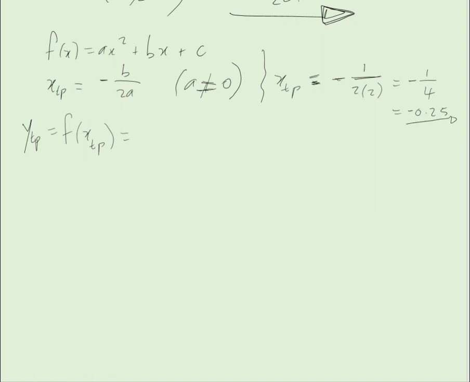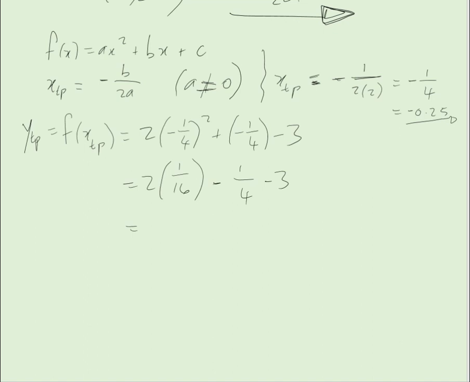Now we must plug this value into our function. So it's 2x squared, but x, of course, is negative a quarter, all squared, plus negative a quarter, minus 3. And this is equal to, let's just do it the long way, 1 over 16 minus 1 over 4 minus 3.